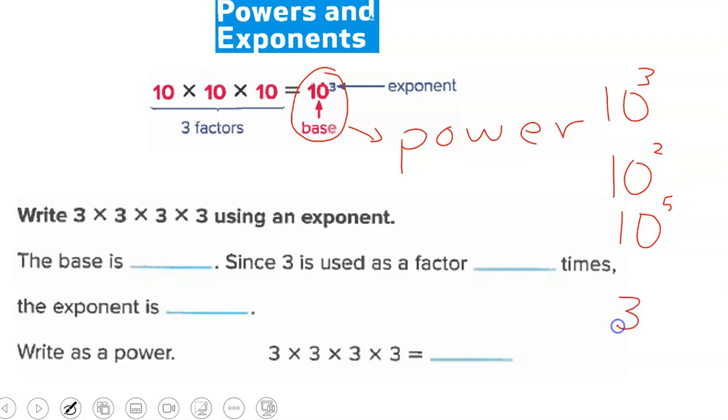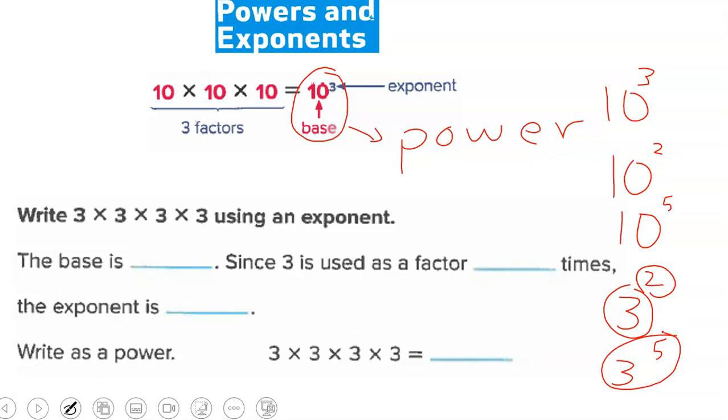If you write 3 and the exponent is 2, you can say 3 to the second power. If it is 3 and the exponent is 5, you can say 3 to the fifth power. We read it like this.